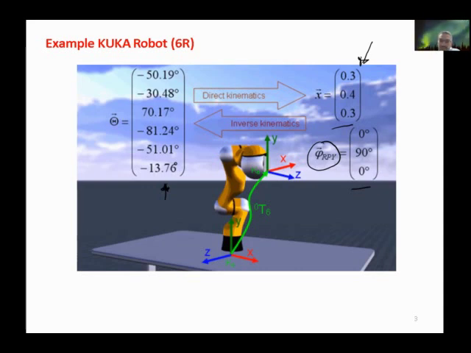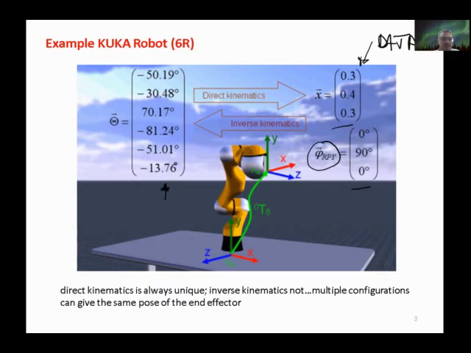And in general, if we would like to solve this problem analytically, which means we want to write solutions that are functions of the data here, that compute in a single shot the set of joint positions, there are in general multiple solutions, because the solutions are not unique.